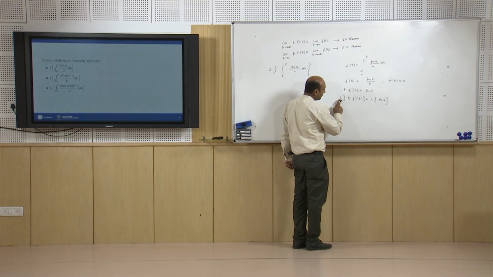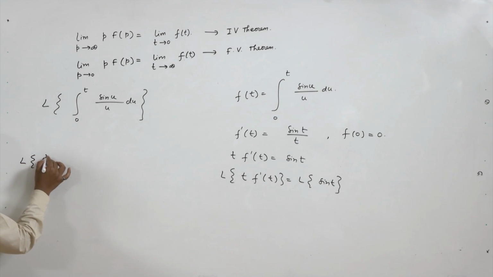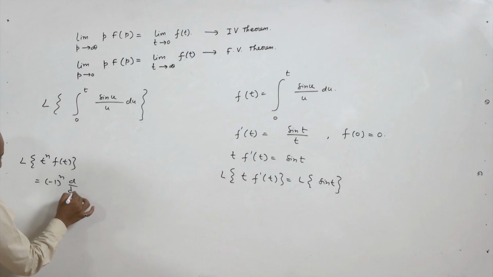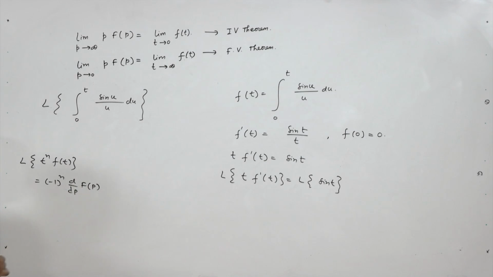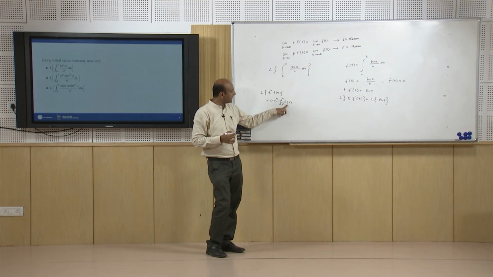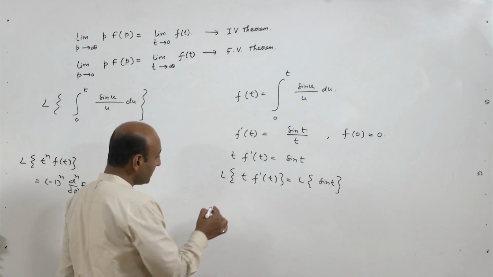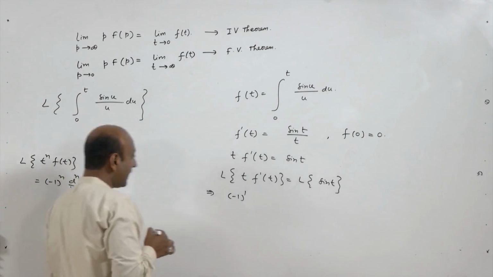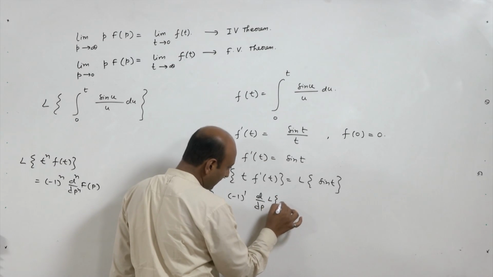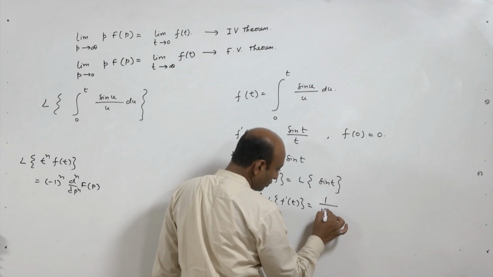Now, we already know that the Laplace of t to the power n into some function f(t) is minus 1 to the power n times the nth derivative of F(p), where F(p) is the Laplace of f(t). Here in place of f(t) we have f dash t. So the expression will be minus 1 to the power 1, n is 1, so it is d by dp of the Laplace of f dash t, and the Laplace of sin t is 1 upon p square plus 1.